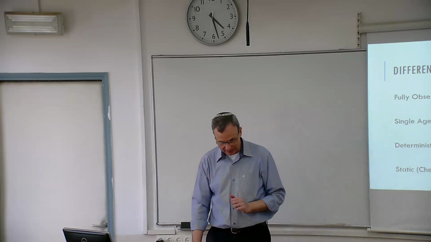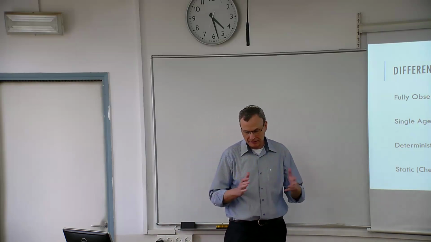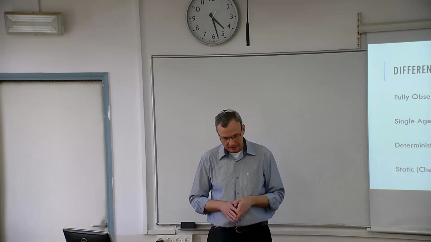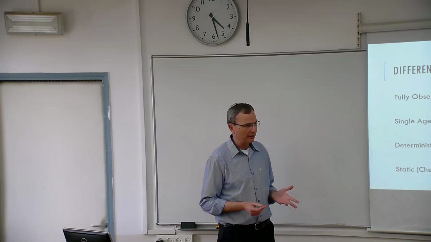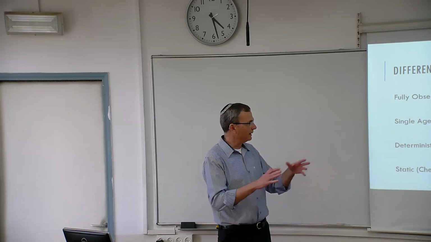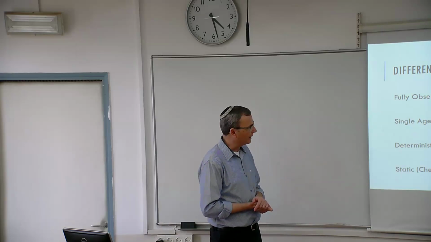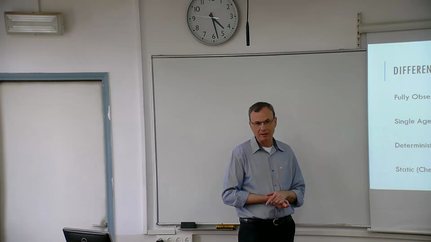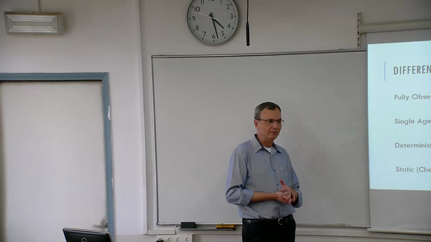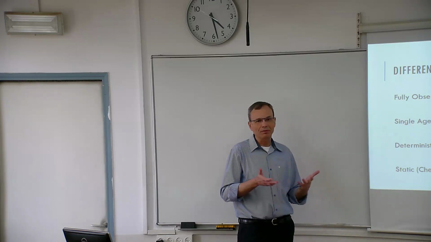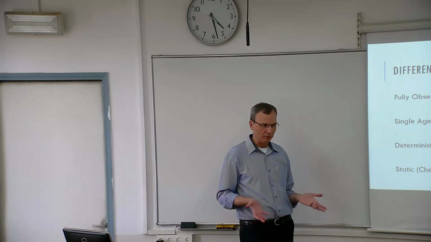One of them is, what is your observation? How can you see? There is a fully observable environment, like a chessboard. Everybody can see everything, no secrets. Or there are partially observable environments, like in a poker game. Whatever type of poker you use, some of it is not observable to you.